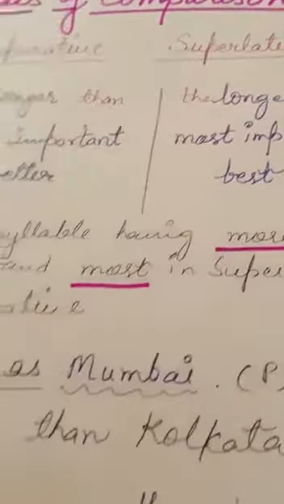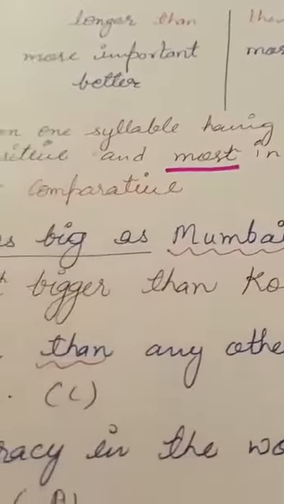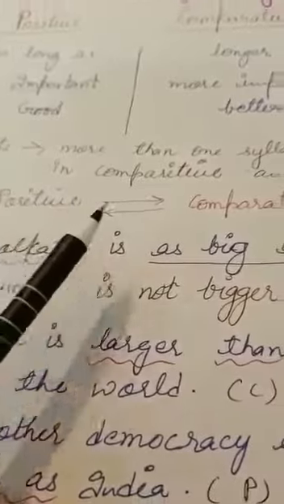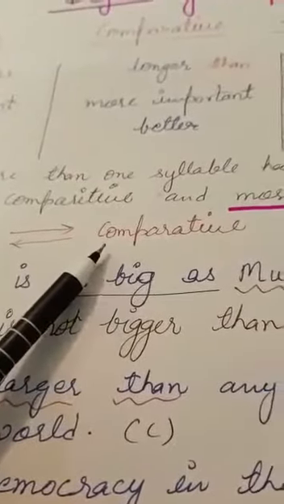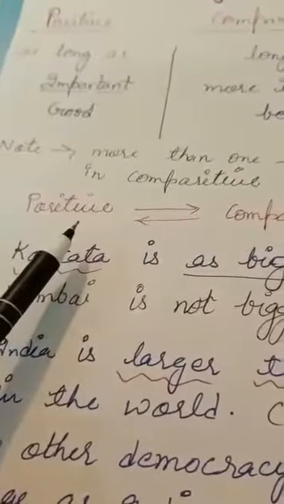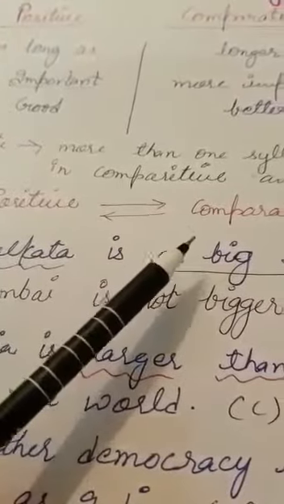Now children, we are going to change positive sentence to comparative and comparative to positive. Interchange of positive degree and comparative degree.